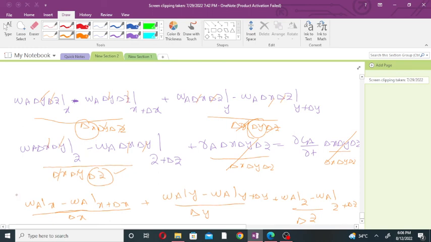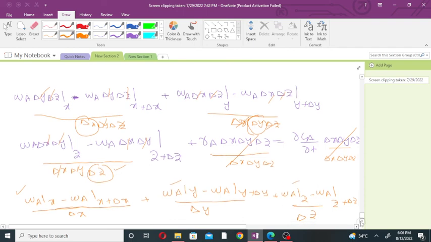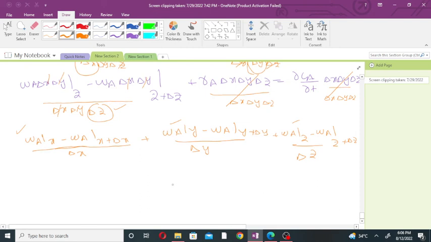Now this is the definition of the first order derivative. This is also the definition of first order derivative. And this is plus RA is equal to dCA by dt, because these are cancelled with each other.